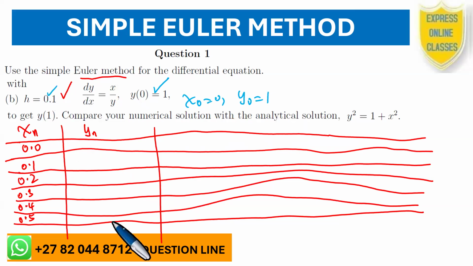Okay, but now we're just using a different step size. That's all. Right, so you can run through this table quickly.